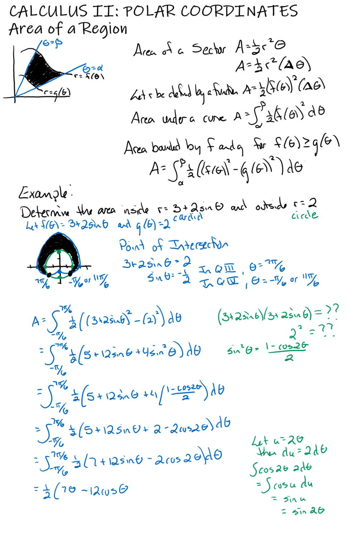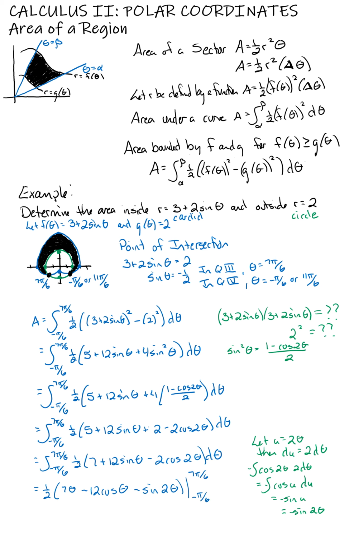Of course, don't forget there's a negative in front of all of this, so we keep that negative there in the front. So that gives us minus sine of 2 theta. And then we're going to evaluate this from negative pi over 6 to 7 pi over 6.